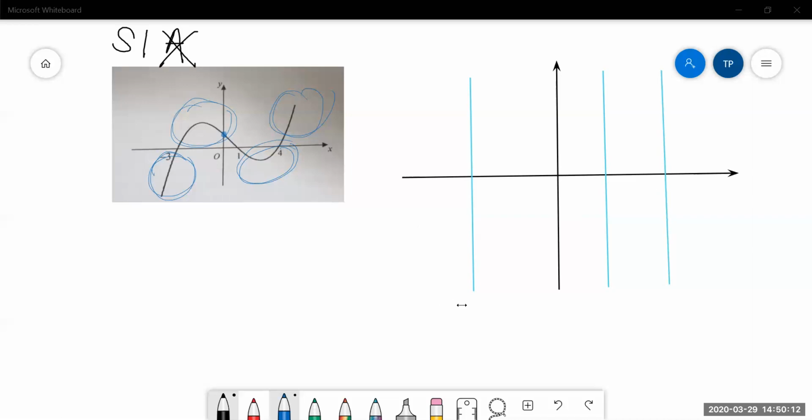So we're going to have one at x equals -3, x equals 1, and x equals 4.